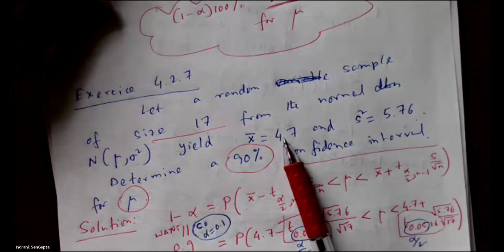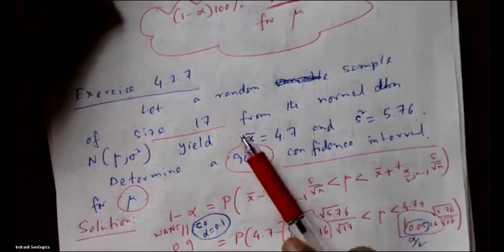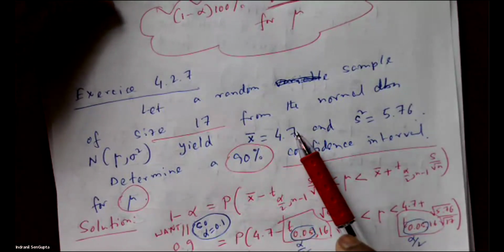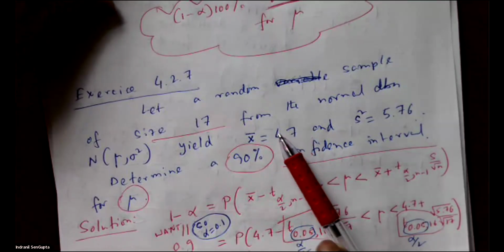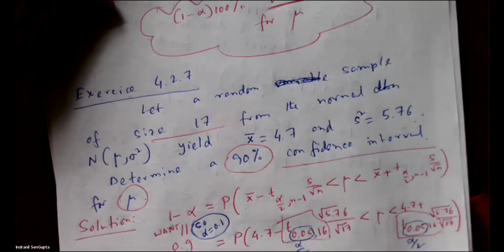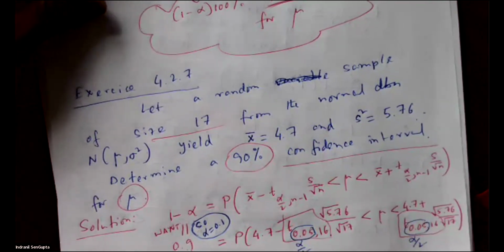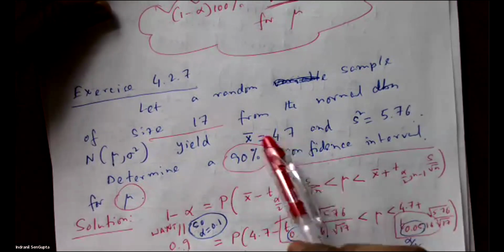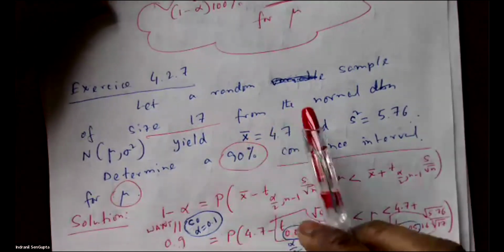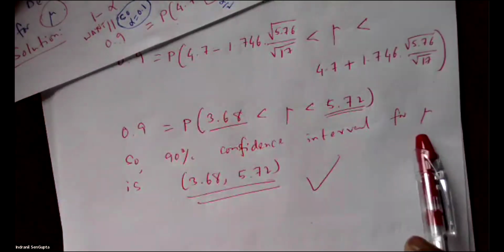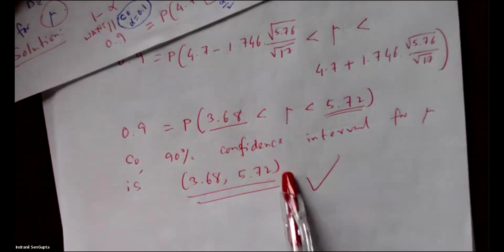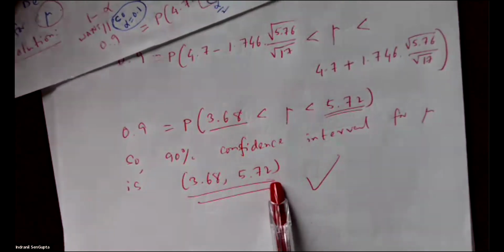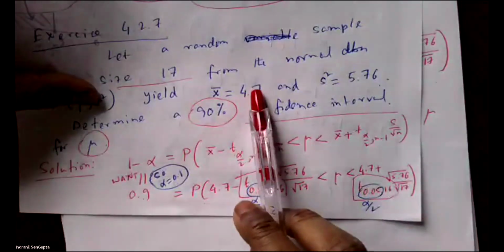You may be tempted to believe that this X bar is the representation of mu. Now you're asking how much trust you should have in the decision that the actual mu is 4.7. The answer is that we know the value of mu is between 3.68 and 5.72, where incidentally 4.7 sits.